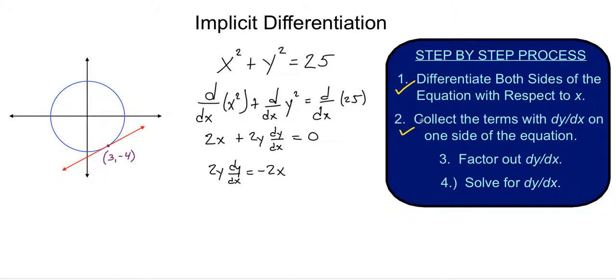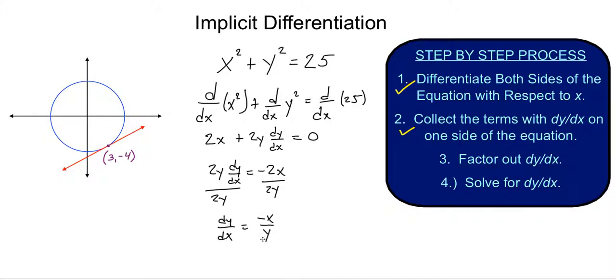I don't have to factor out the dy/dx in this case. Instead, I'm just going to divide by 2y on both sides, and we get that dy/dx is equal to negative x over y.